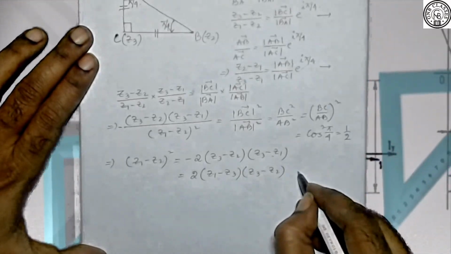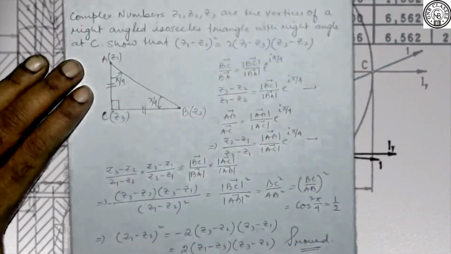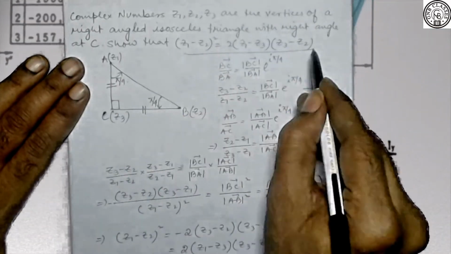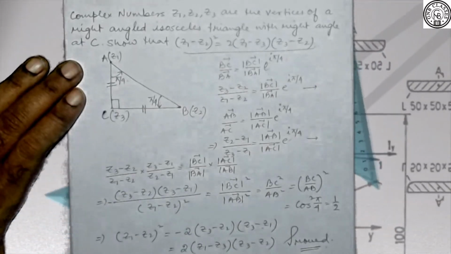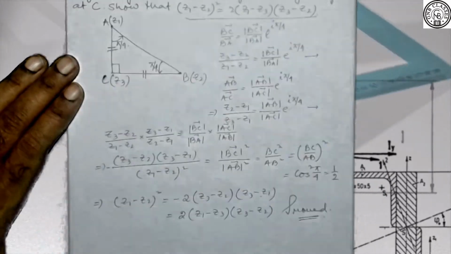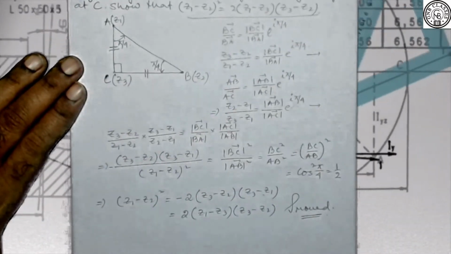Is it clear? And that is exactly what was given to be proved. Okay? That is exactly what we have proved here. Is it fine? Now, I hope we are a little more confident in the application of rotation theorem in complex geometry. Is it clear or not?